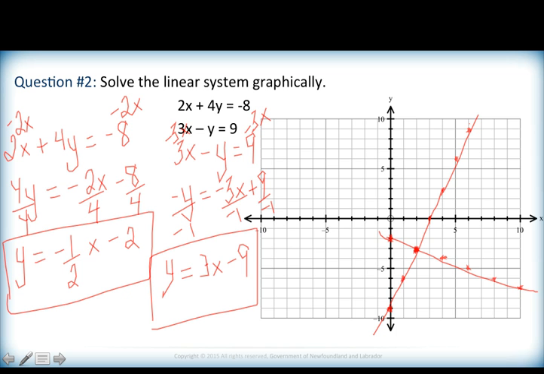So our point of intersection here will be negative 2 and negative 3. And you can actually take those 2 values and plug them back into your equations and make sure that the left-hand side does indeed equal the right-hand side.